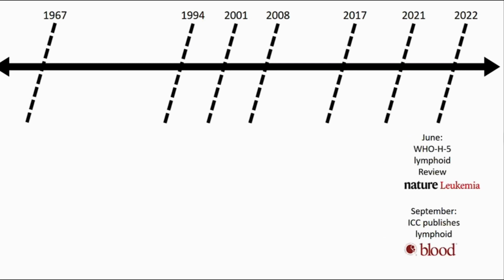And then this all led to a couple developments last year. So in June of 2022, the WHO did release a lymphoid review as an article in Nature, whereas the ICC had published a more definitive format than the WHO, their own lymphoid review in Blood.